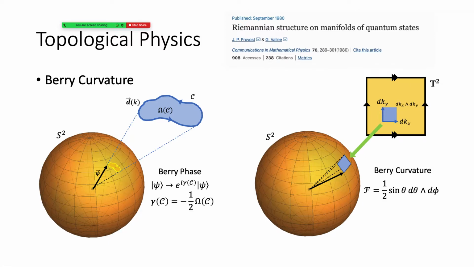And this rotation is, instead of physically rotating the vector, it picks up a Berry phase. So this phase is a complex number which is of unit length. So you have a complex vector, right? And then when you parallel transport it one round, it picks up a phase. So if you shrink this loop down to a very small size, you can calculate a quantity called the Berry curvature.